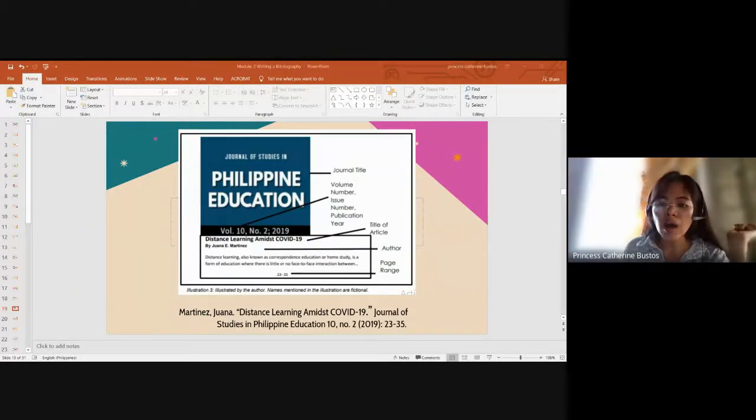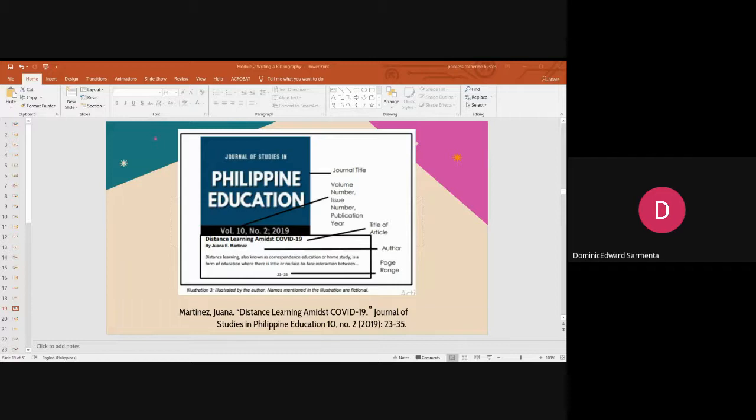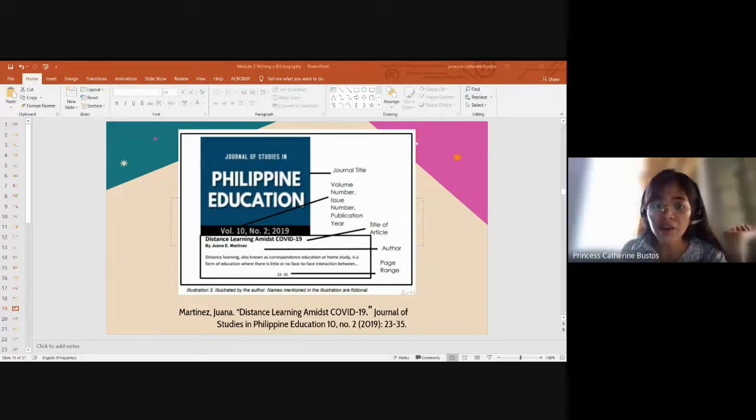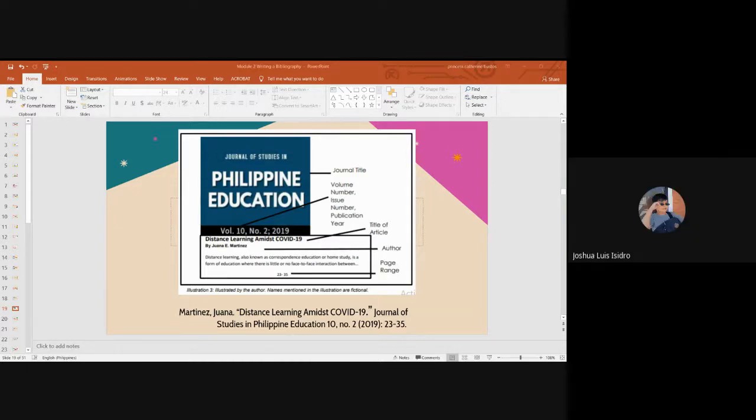Very good. Now, how did we start our journal entry? The last name of the author, comma, and then the first name, then period. What's next after the name of the author? Title of article.